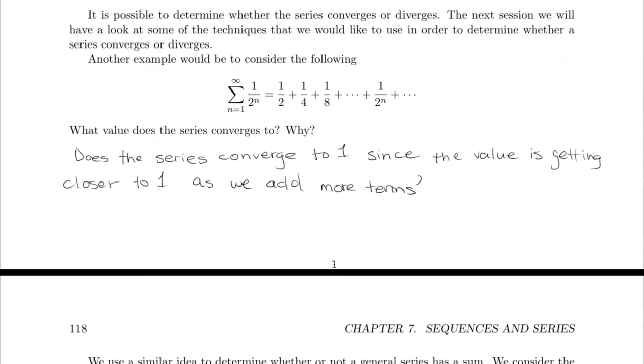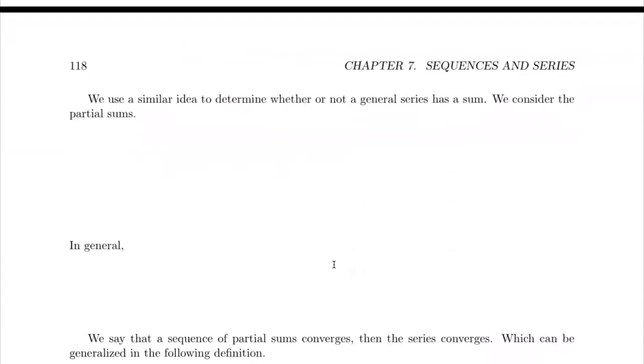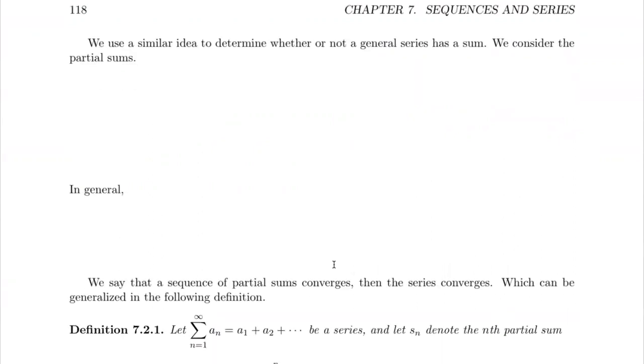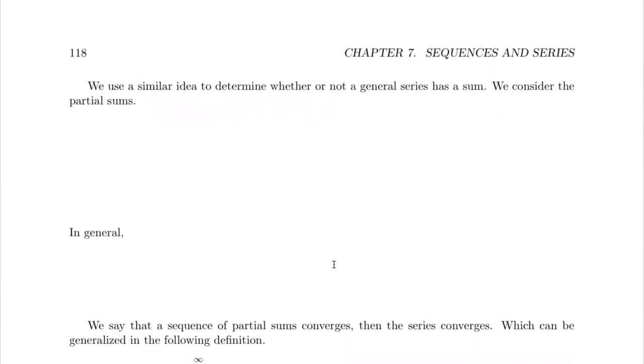All right. So we use a similar idea to determine whether or not a general series has a sum. So we actually consider the sequence of partial sums. For example, we call S1 to be just the first term, S2 to be the first term plus the second term, S3 to be the first term plus the second term plus the third term.